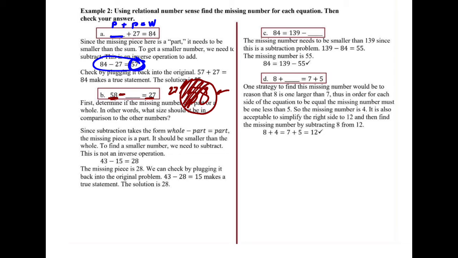What's left? What's the other part? So we're going to have to subtract, aren't we? And that's what they did. 58 minus 27, so we get a 1 there and a 3 there. It's a 31.